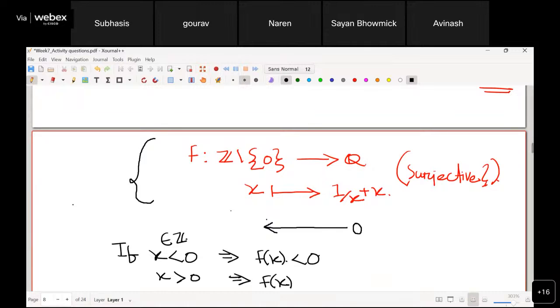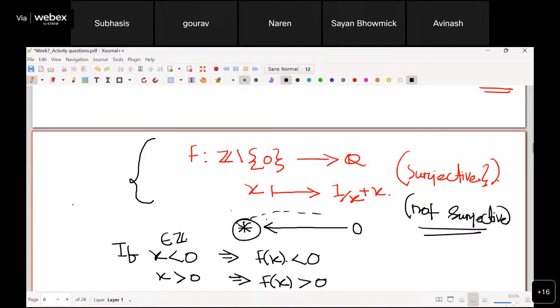So in both cases I'm always getting a number which is not equal to 0. So this is not a surjective function, because I'm not going to get any pre-image for 0. There is no element here that maps to 0.